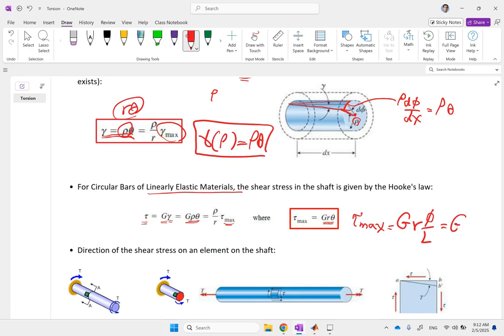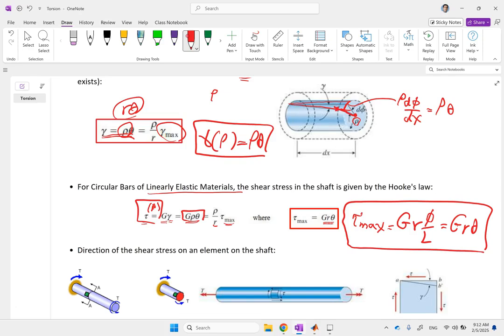Okay, so this is the maximum shear stress that you can have, which is on the outside, and inside tau of rho is clearly rho over R times tau max, or G rho theta. So the shear stress also starts at 0 here, and as you move on to the R, shear stress gets bigger and bigger.